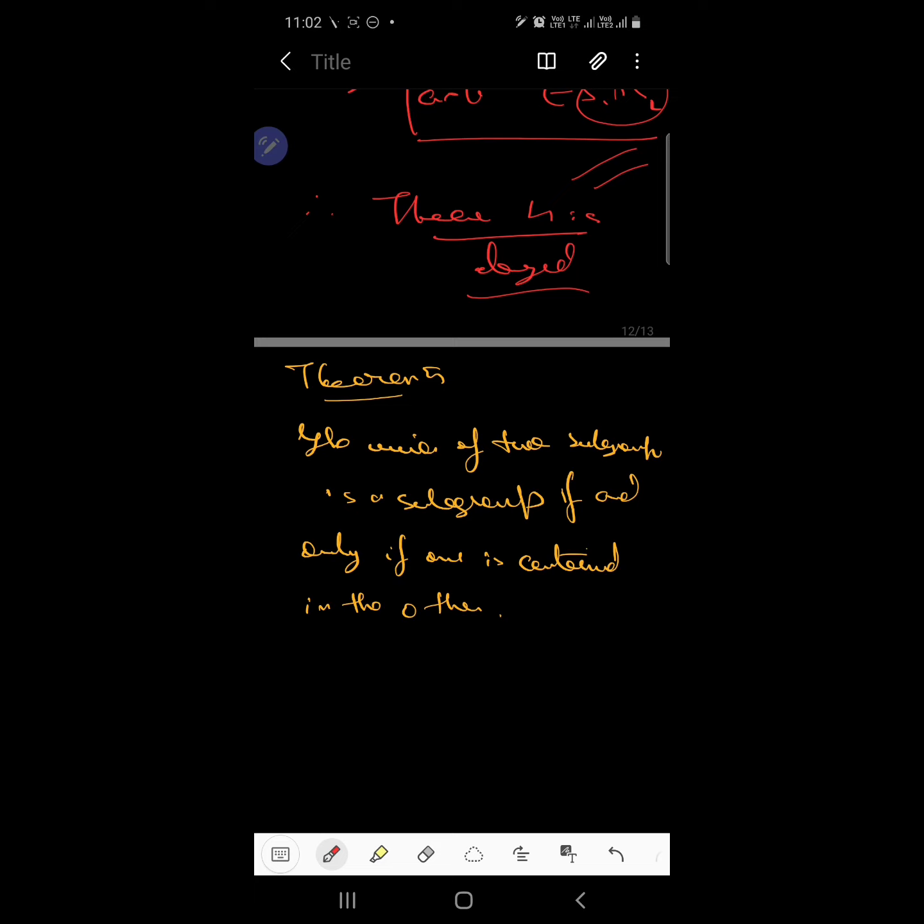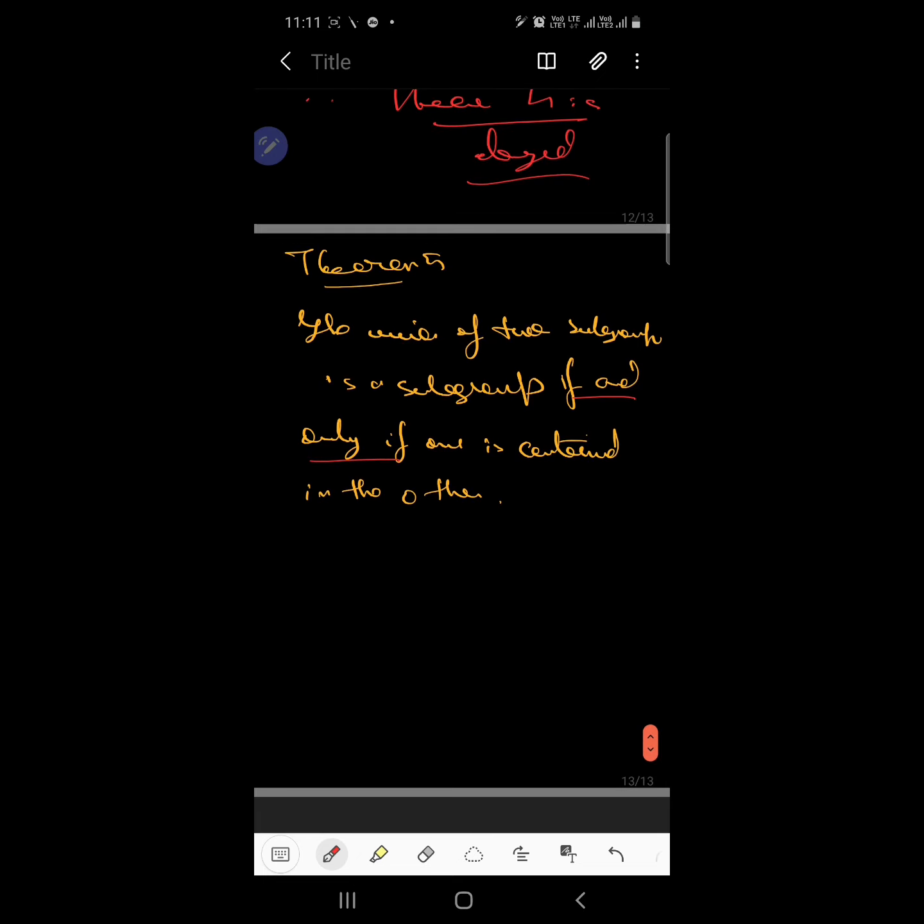So now we will be proving this. These proofs are very important, very necessary, and very conceptual. This is a biconditional statement, as we can see, because we are given if and only if. So first we will start from one direction, then we will prove the converse of that.